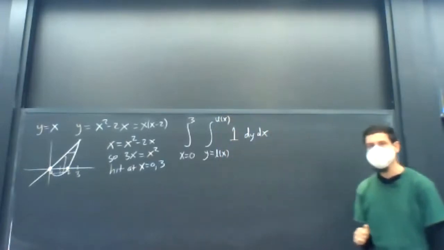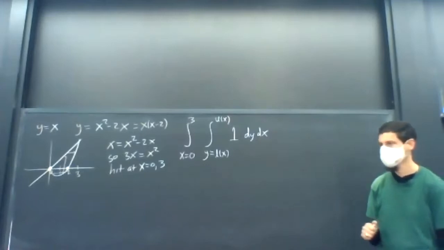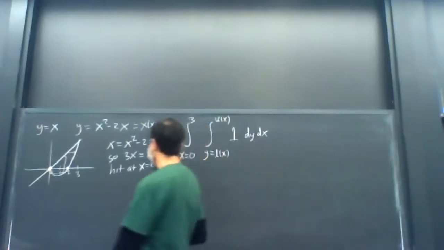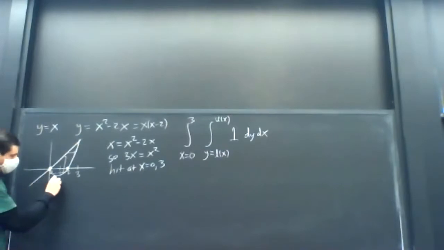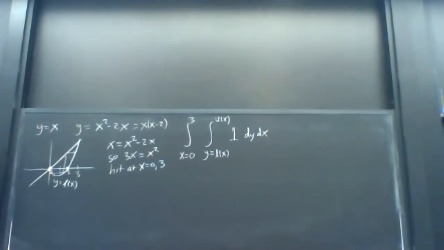So I have to figure out what the upper and the lower curves are. Well, we're very fortunate that we're given y as a function of x. If I want to write down my lower curve, where y is some function of x, what's that function of x? It's just x squared minus 2x.